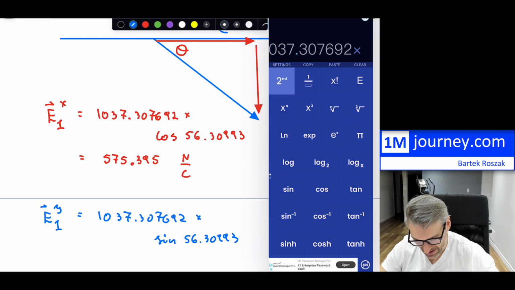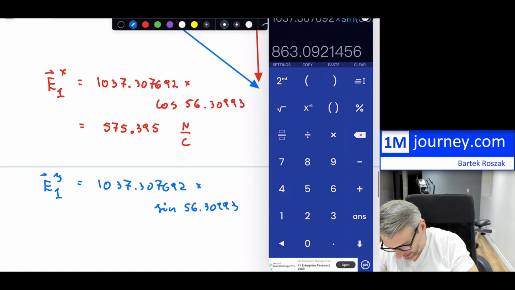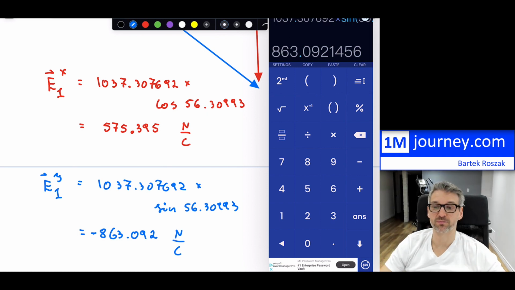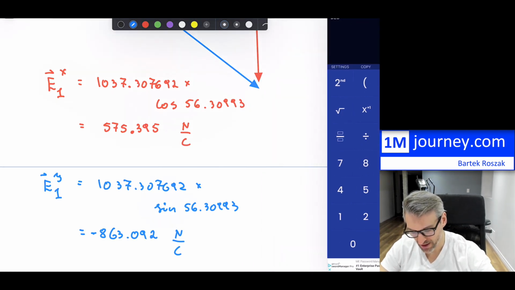It's going to be times sine of 56.30993 equals, and you have 863.009. Again, I'll keep up to 3 decimal places, but this is negative, so please remember that because it's downwards. So now you've broken it down into its 2 components there.